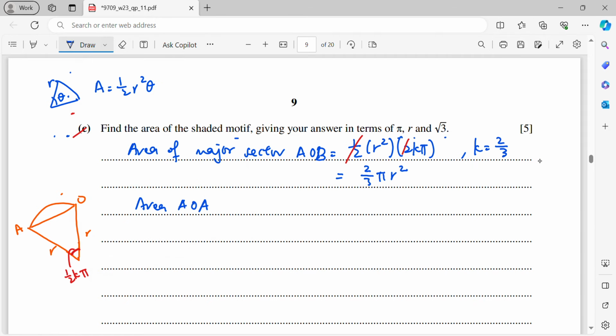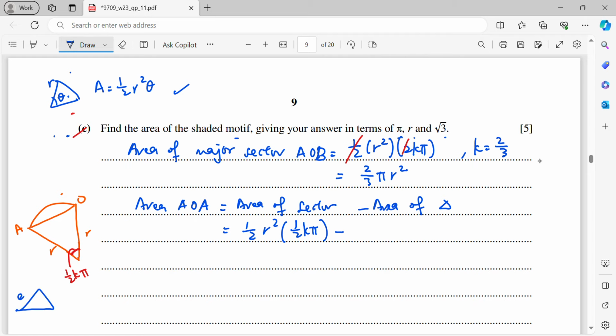So now, this is the same as area of sector minus area of triangle. The area of sector formula is half r squared theta, so half r squared, where theta is half k pi, minus the area of triangle. We have a formula here: if this is A, here is B, and this is theta, it will be half AB sine theta.